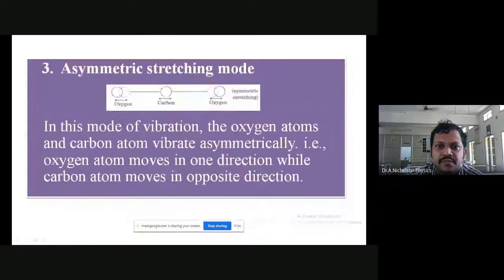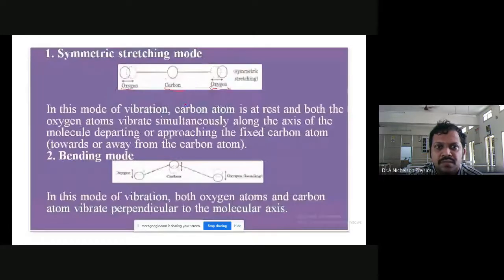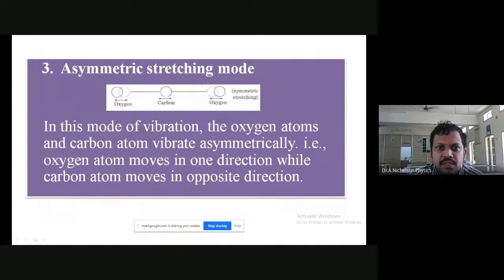Okay, so what is the difference you are observing here when compared to symmetric stretching mode? Anyone say? This is the symmetric stretching mode diagram. This is asymmetric stretching mode. What's happening here?